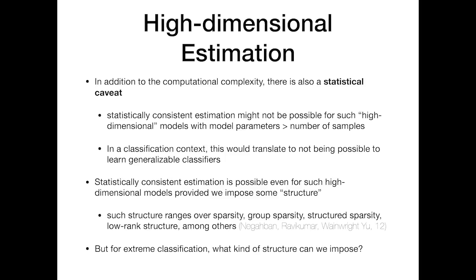We now have a very good language for expressing such structure, ranging from sparsity, group sparsity, structured sparsity, low-rank structure, among others. So the question we need to ask, for statistical reasons but also for computational reasons, is what kinds of structure can I impose on extreme classification models? That's really the key question that motivated us.